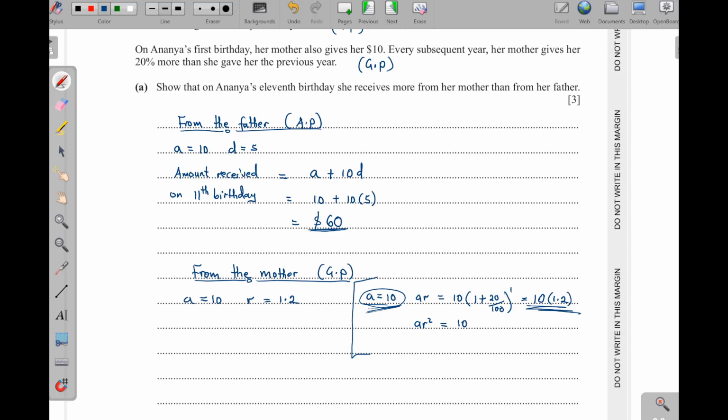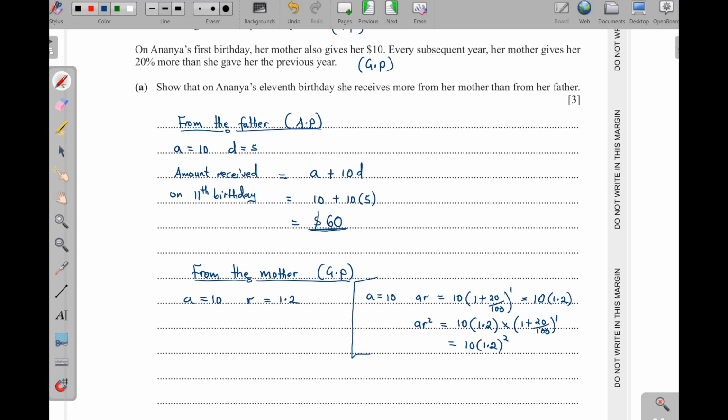Then on the third year, we shall increase this one here by, again, this amount here, which is 1 plus 20 out of 100. So it is going to be 10 into 1.2 squared. You get that?